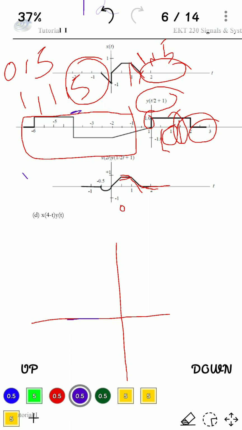Now after 1, let me start from my 0.5 time period, right?